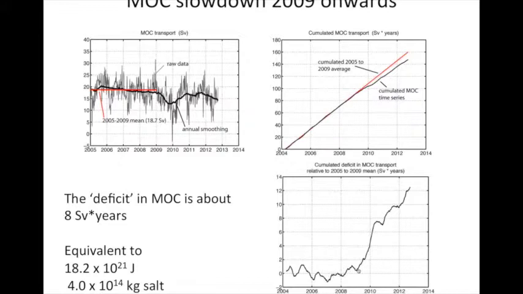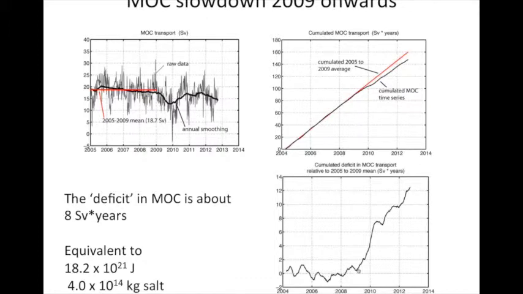To look at what's going northwards, we have to think about the size of this event, and the way we do that is by accumulating the difference between this line, extrapolated, and the raw time series. So if we accumulate those two things, the red line is accumulated here and is a straight line. The black line varies around that a bit while it's being kind of average as normal.